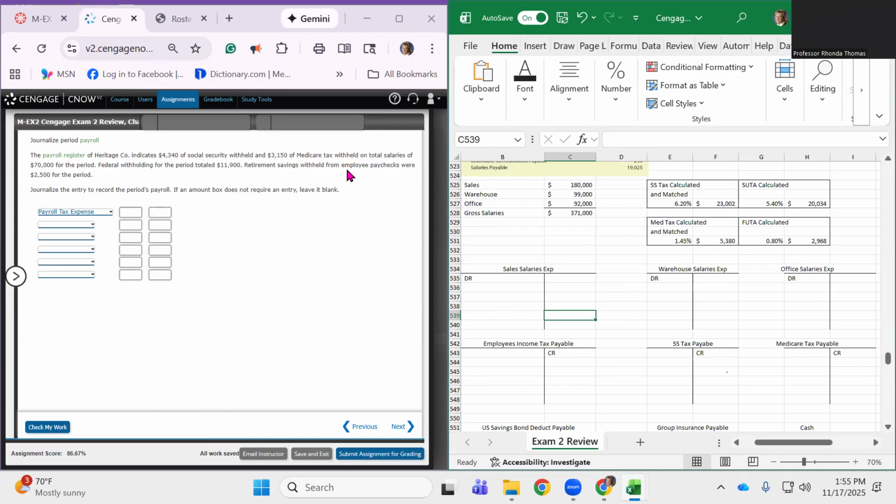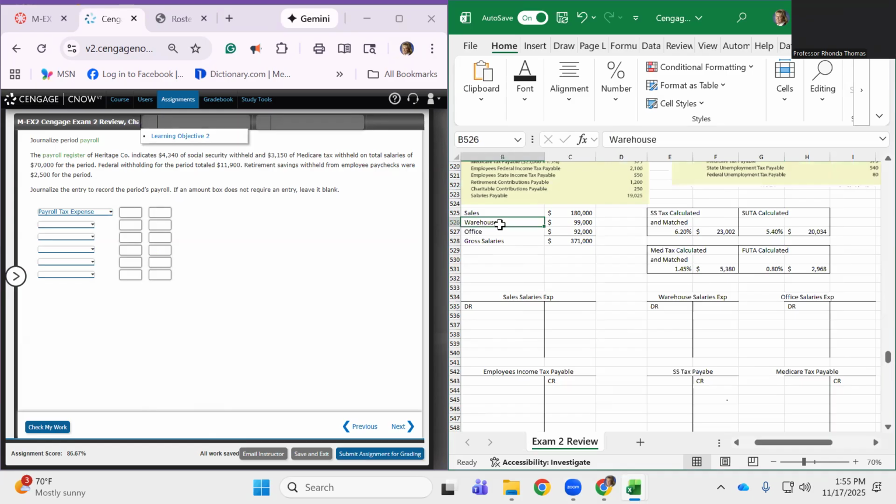All you have to do is withheld on total salaries of $70,000. Well, all these here don't matter, and 70. So total salaries here is what we want. $70,000. Yep, 70,000, and then we want 6.2. Oh no, they're telling us how much. Okay, so we don't have to calculate anything.